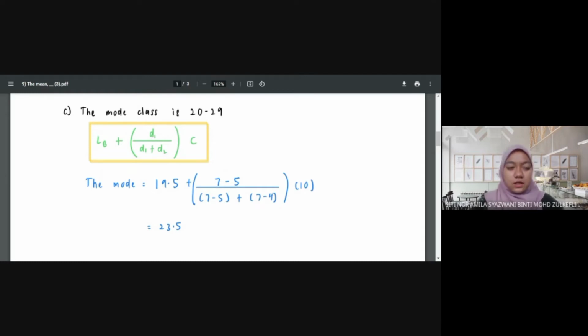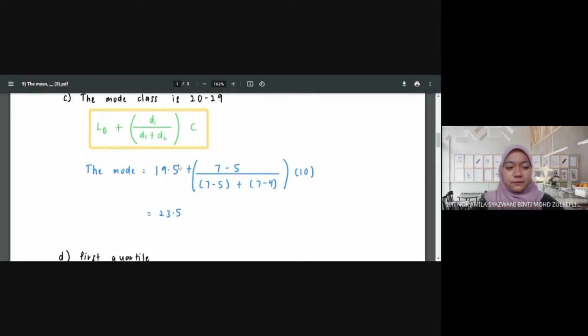So we got 19.5 plus 7 minus 5 over 7 minus 5 plus 7 minus 4, and then multiply by 10. Thus the mode is 23.5.